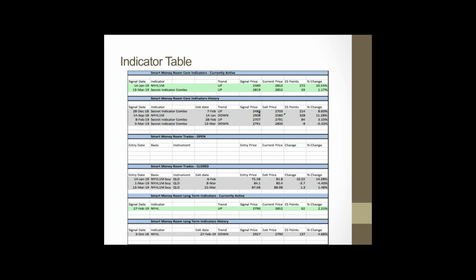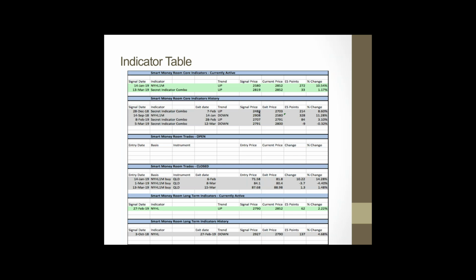It is more of a combination, but I really like the NYHL 1M because, based on our back test, it has been really good at picking tops. You saw the example that I gave near 2,900. Picking bottoms, it misses a few, especially if it's a V bottom. But tops, it has been really good so far. So I really like the NYHL 1M.